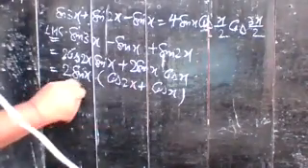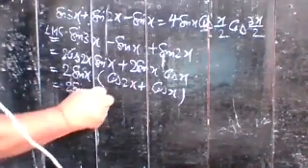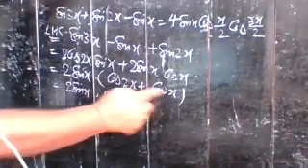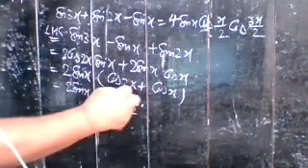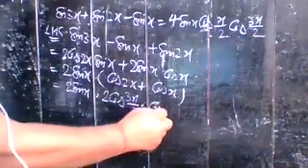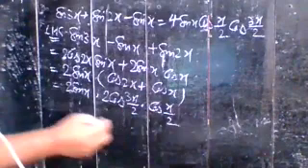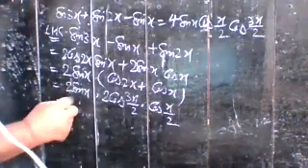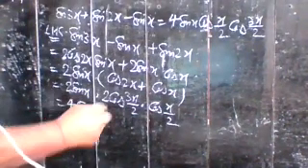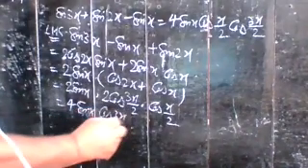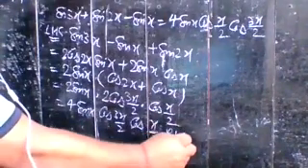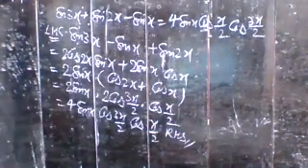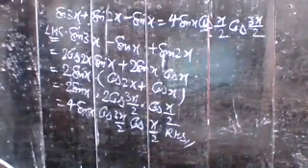So here you have 2 sine x into 2 cos (x plus y) by 2, so 3x by 2, into cos (x minus y) by 2, so you have cos x by 2. Now multiplying these, you have 4 sine x cos (3x by 2) into cos (x by 2), and that is your right side. So in this way, you can very easily solve it.